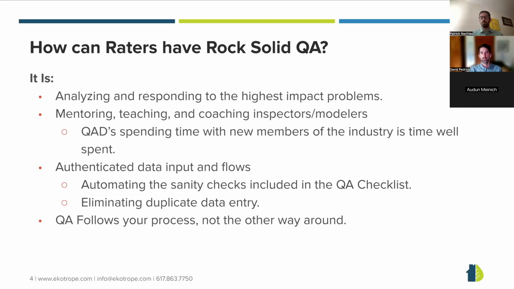From our perspective, that is somewhat wasted time in our industry. QA should follow the process that your team uses. You shouldn't have to build your rating process around the QA rules. So that's big picture what we're trying to do with QA Track and how we think about it.